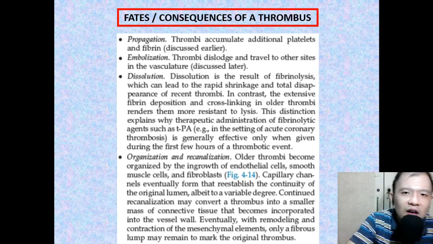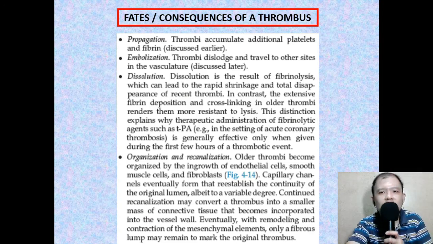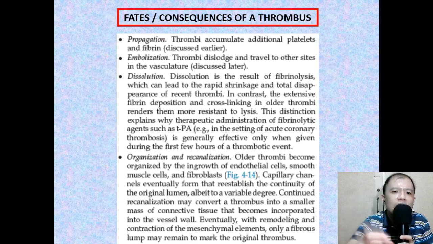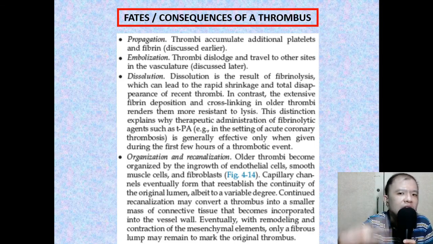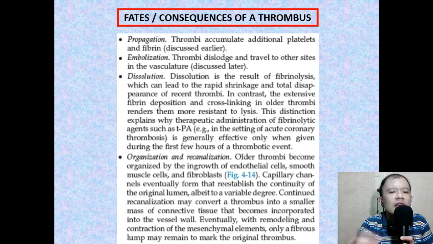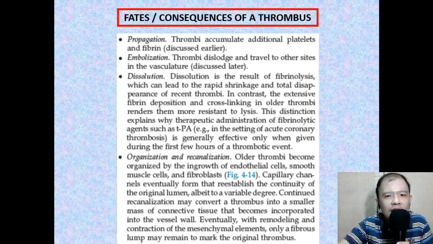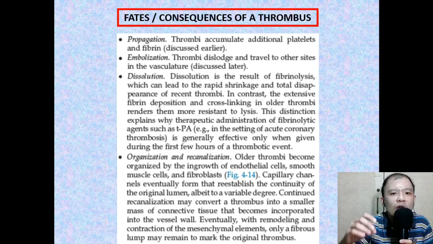What are the consequences of a thrombus? So a thrombus, when it is formed, it can propagate itself. That is what we call propagation. Next, it can be lodged to another area. That is what we call embolization. It might become dissolved because of fibrinolysis.